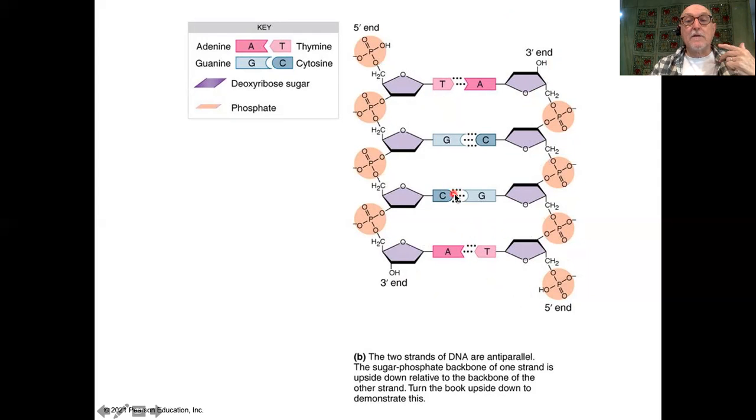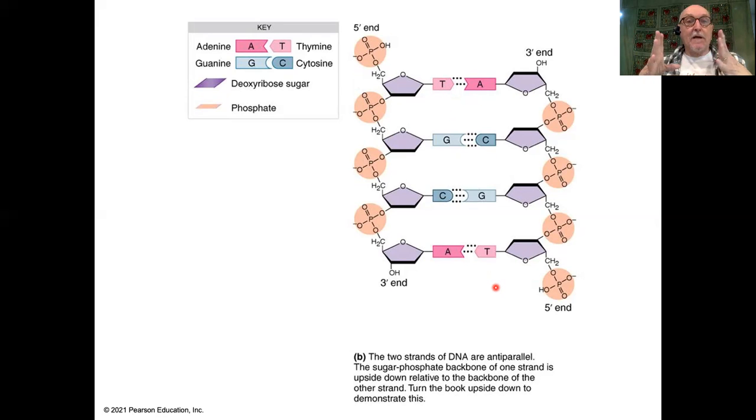These little dots are hydrogen bonds, 3 between guanine and cytosine, 2 between thymine and adenine. The only way you can get them there is to invert one nucleotide relative to the other, which means one strand runs in one direction, the other in the opposite direction. They are anti-parallel. And that is the beauty of this molecule.